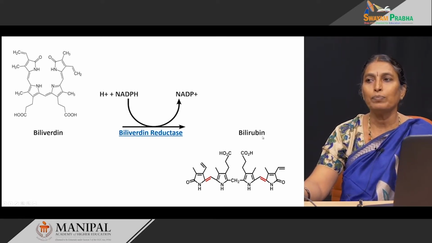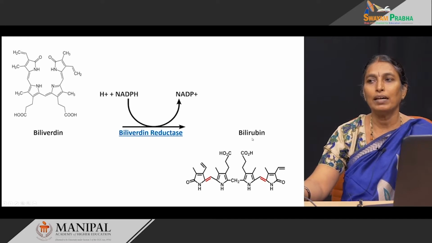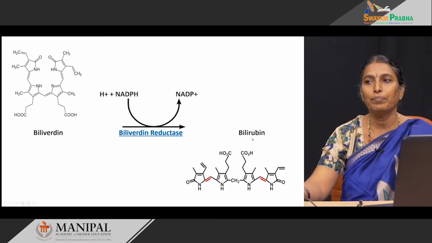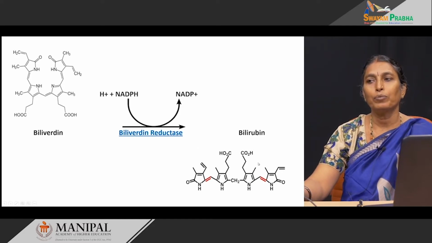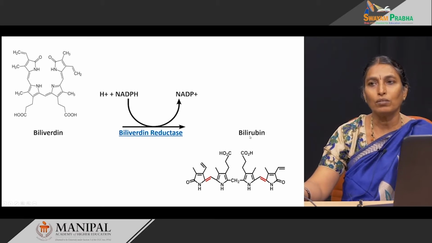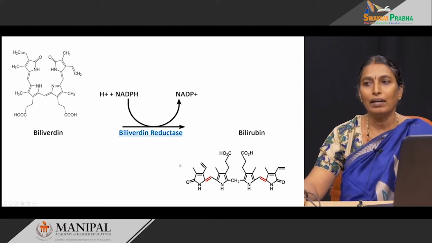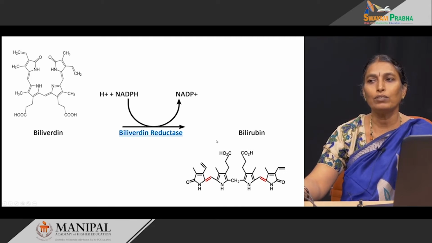Since it is water insoluble and has no function, it has to be excreted from our body. The liver is the main organ which does the detoxification processes. Detoxification means dealing with a toxic compound. Since bilirubin is water insoluble, it is toxic to our body, and it has to be made more water soluble and excreted.